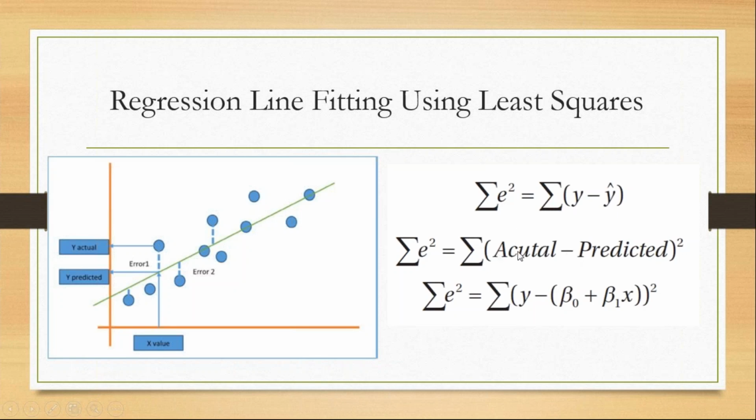I have the actual and I have the predicted, and I am getting the sum of squared errors. So my linear regression should be framed in such a way that the value of the error goes down. The sum of squared errors is minimum, and this is how we tend to find the values of beta naught and beta 1.